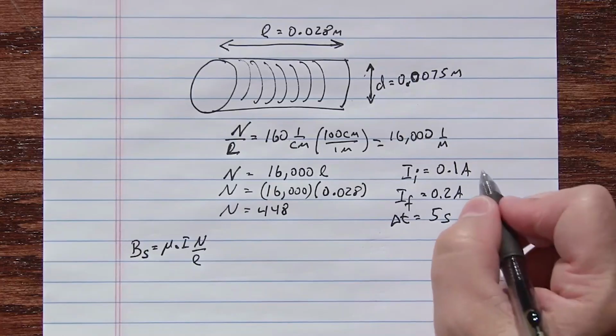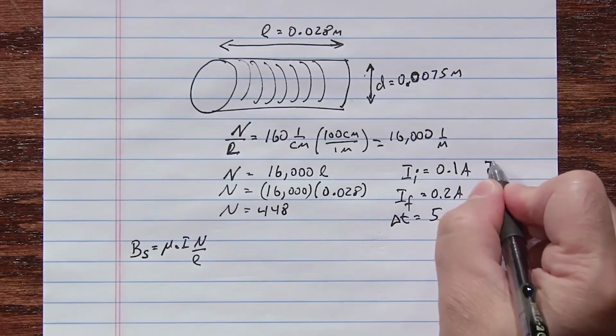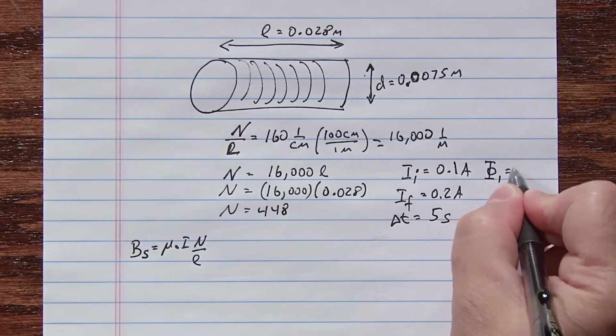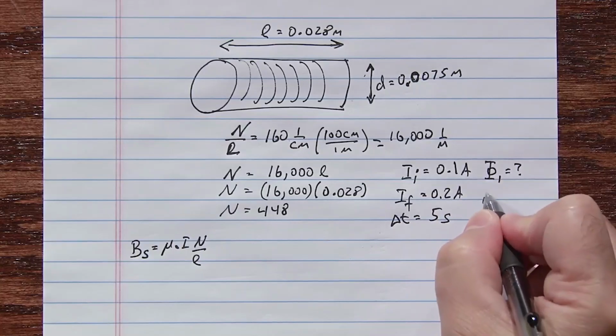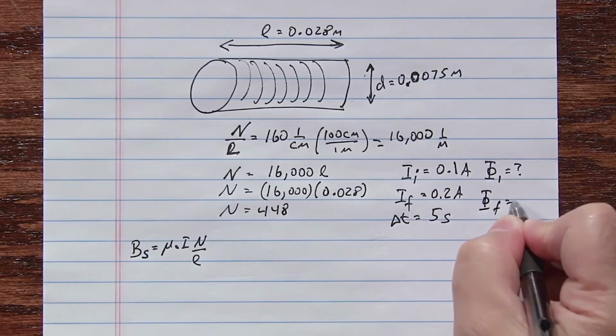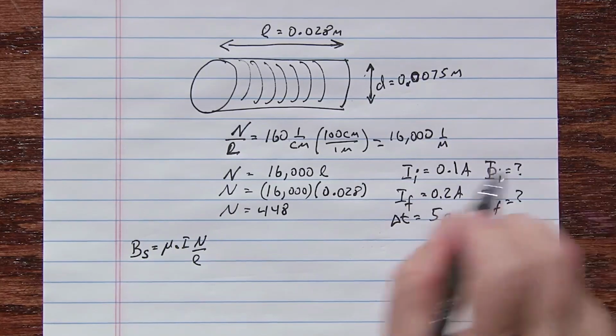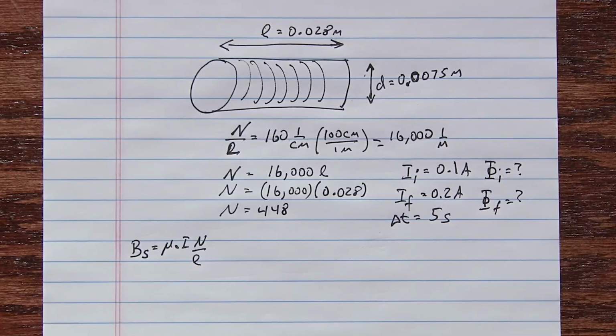And the first thing that we were asked for is, what are phi initial and phi final? The magnetic flux initially and the magnetic flux finally.